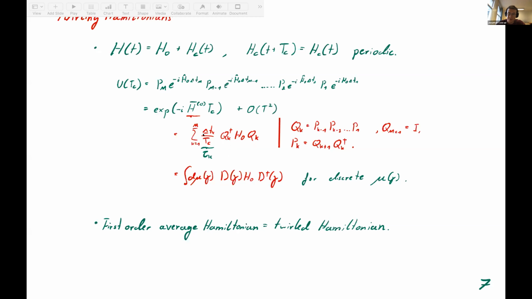Now we have some extra weighing factor, tau k, which represents the relative time length of these time bins, and these qk's are the accumulated pulses up to the time step k. There's some normalization condition, and we can also do the reverse and get the pulses from the qk's. In summary, what I want to show on this slide is that the first order average Hamiltonian under this construction corresponds to a certain twirled Hamiltonian.